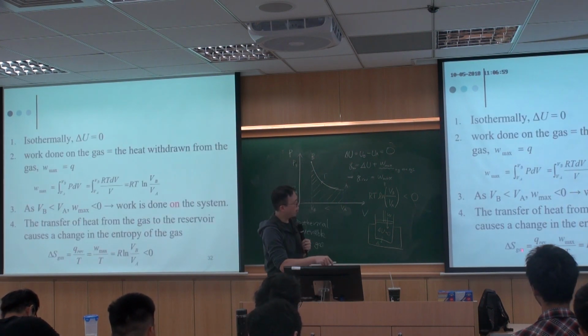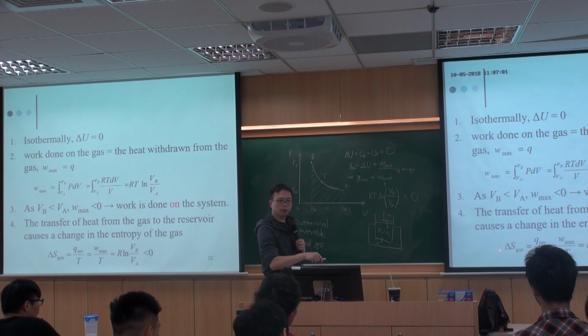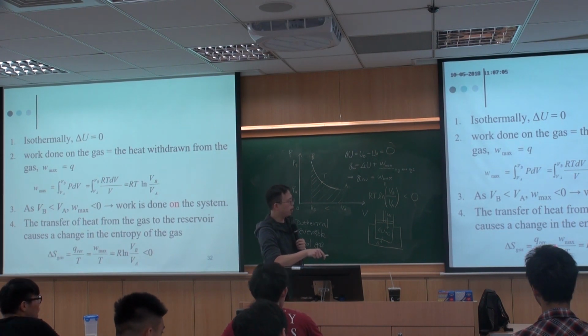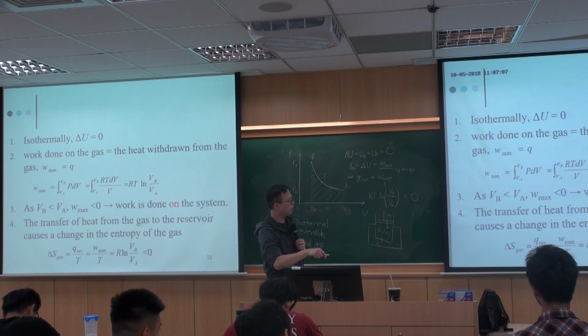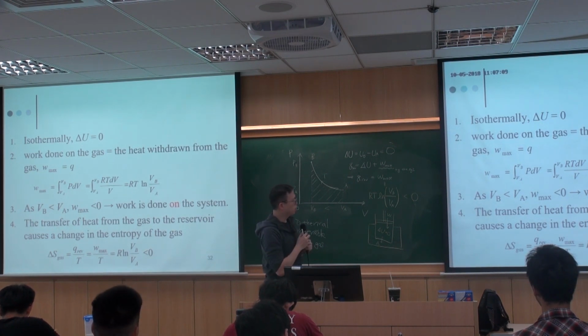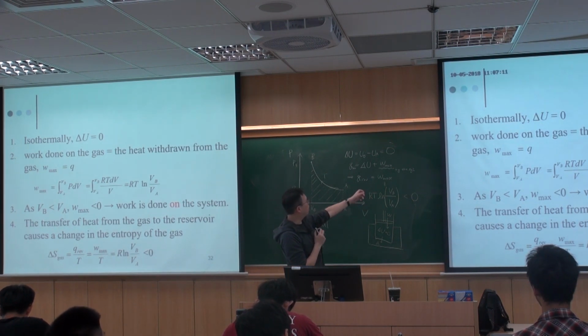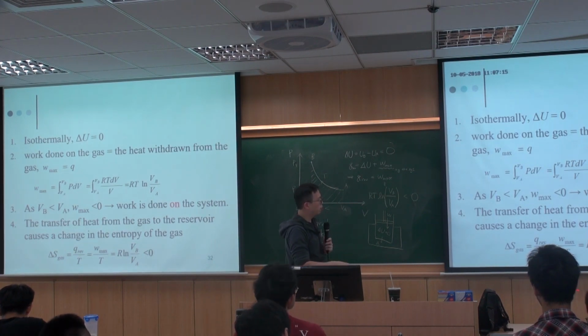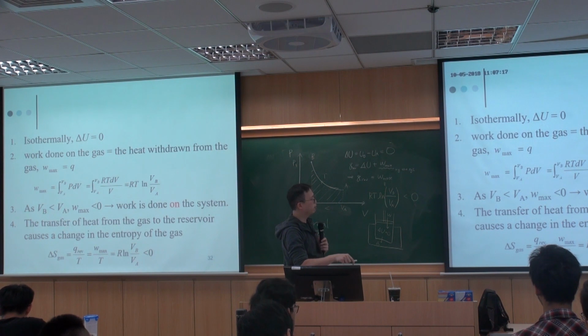Therefore, you have a change of entropy, right? The temperature is the temperature of the heat bath, and we have this Q reverse being introduced, and that amount is the same as W max. Therefore, we also have a negative change of entropy.